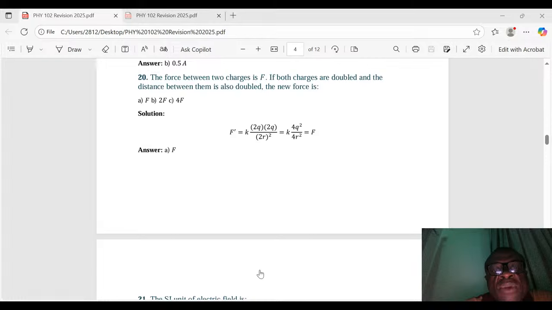So by the time you substitute, multiply 2Q by 2Q, you have 4Q squared. Square 2R, you have 4R squared. So that will give us F, with A being the answer. That is question number 20.